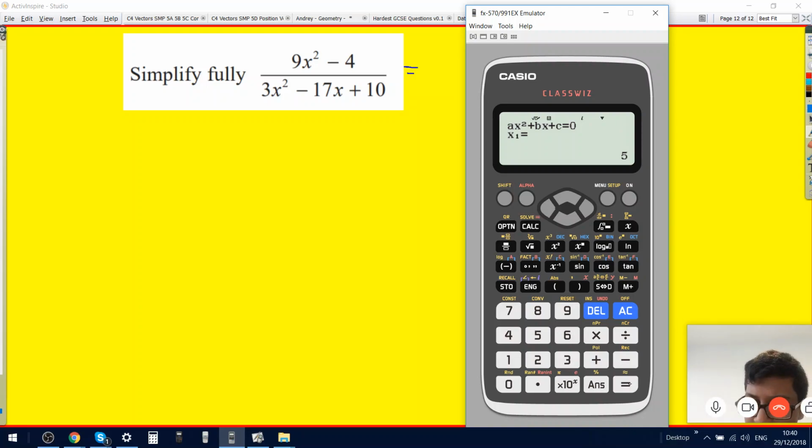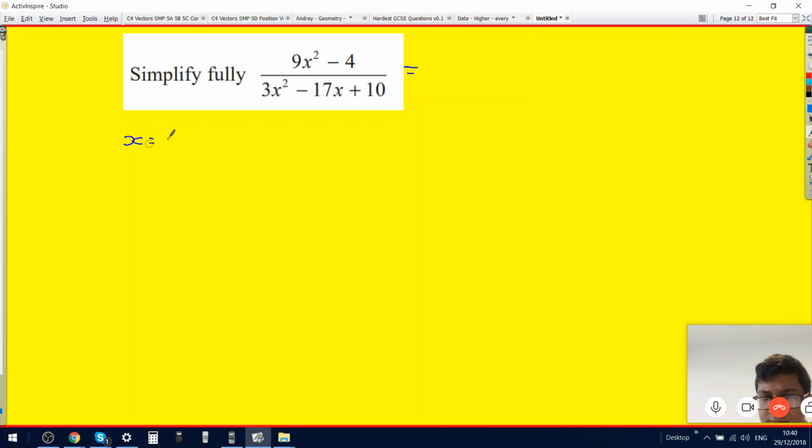We get x to be 5 and 2/3. So x equals 5 when it's equal to 0, or x equals 2 over 3. And so you just figure out what would have been in the bracket to get those answers.